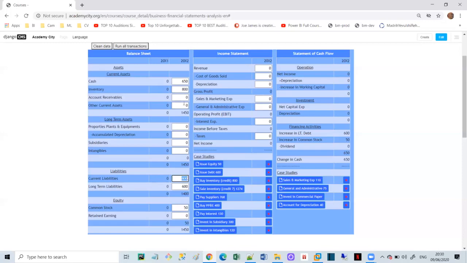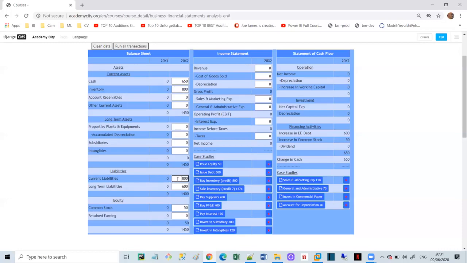So I got the inventory, but since I got it on a credit, I owe the suppliers. The current liability represents my debt or my credit from the suppliers. That means that the inventory that I got from them, I didn't pay for it yet.